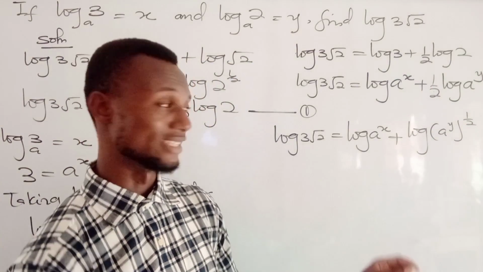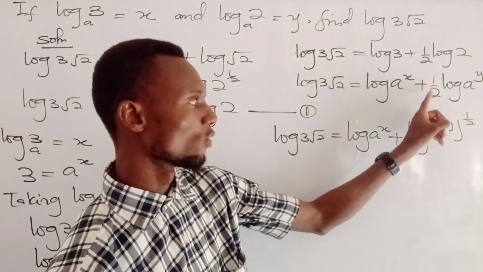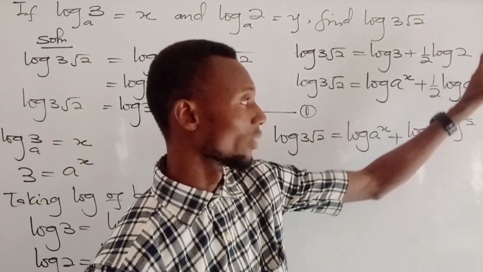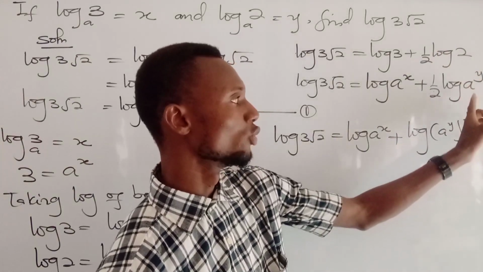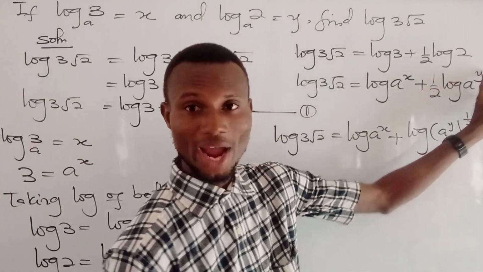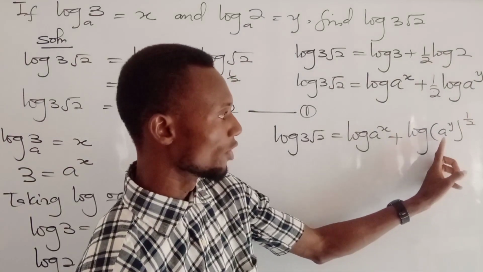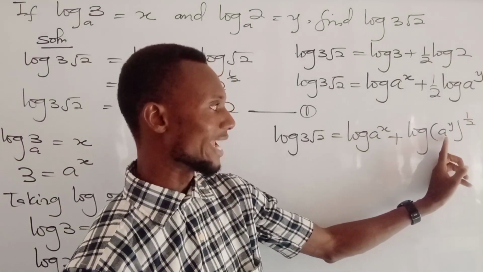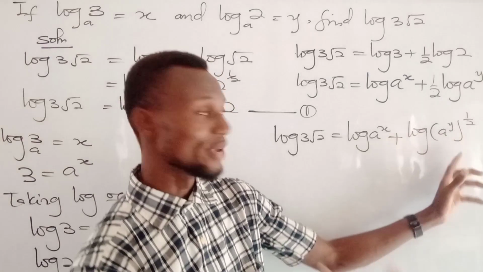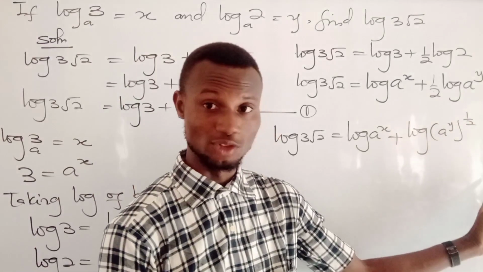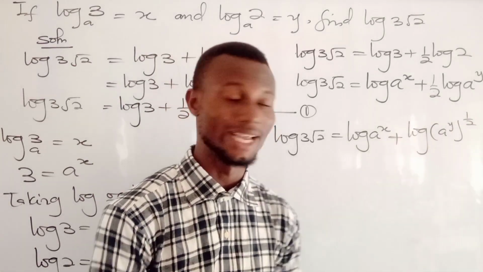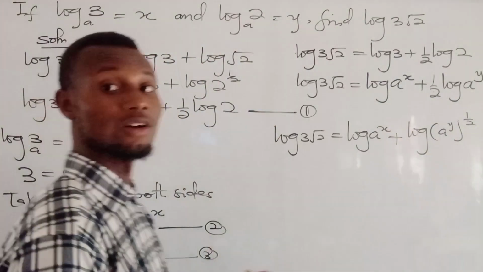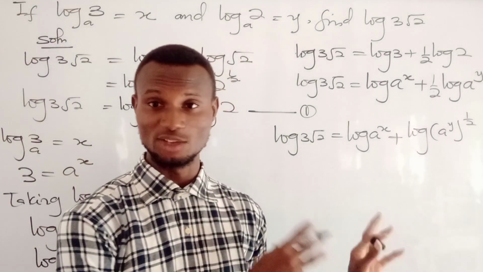That way is that we are going to make this 1 over 2 come back to become a power to this a to the power y, which is here. So you can see that I've repeated my log here, and my a to the power y is here, being raised to the power 1 over 2. That's what we did, and it's one of the laws of logarithm that you're applying here.